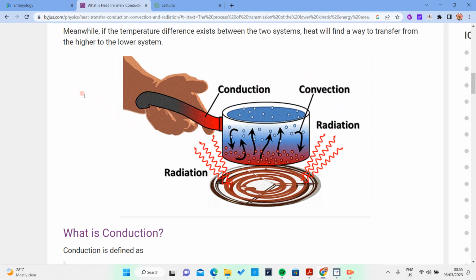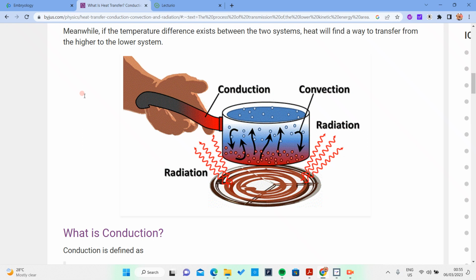Now, if you apply heat to a certain part of a solid, you notice that over time the heat will move to the other part that you're not even applying it to. Let's use cooking for example. You place your pot on the fire, on the stove or the electric cooker.